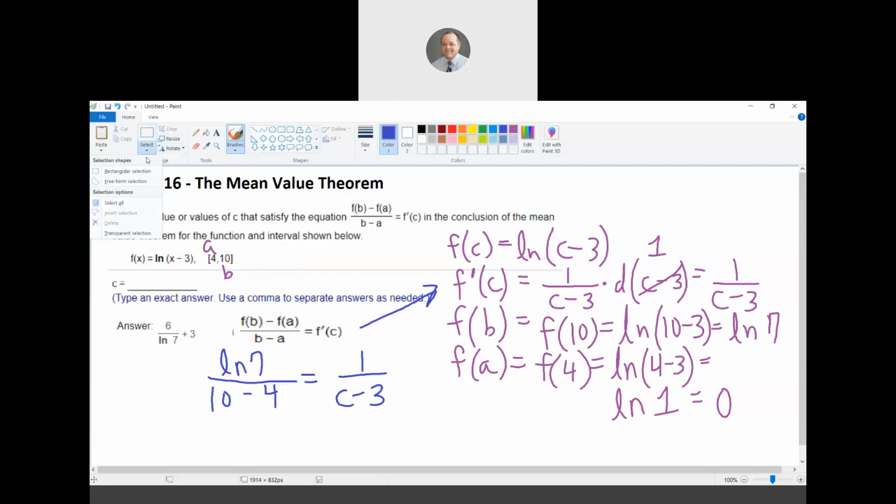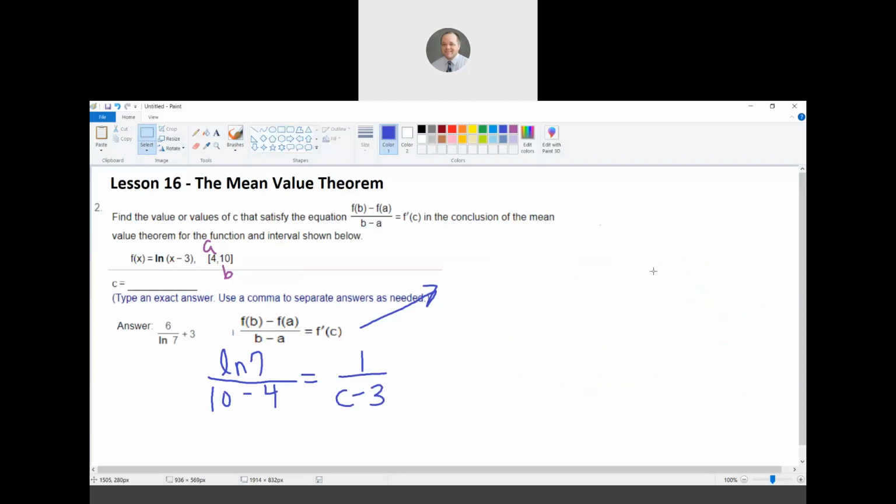And let's finish the problem and find our c. This will give you natural log of 7 over 6 now.